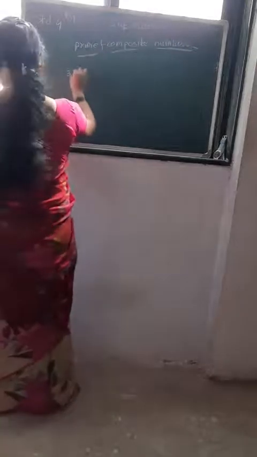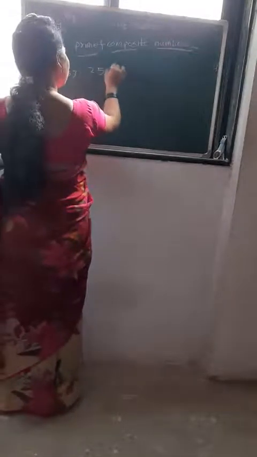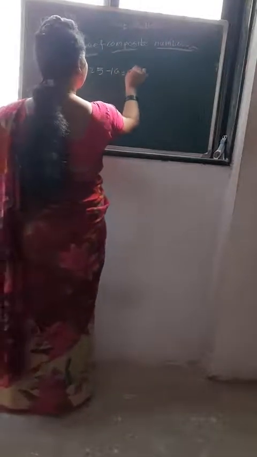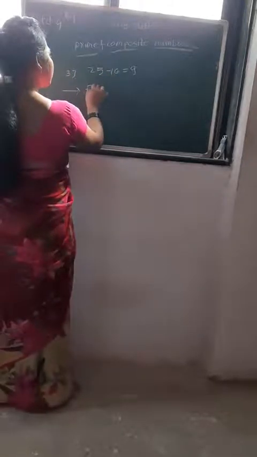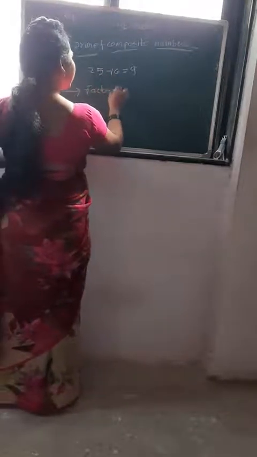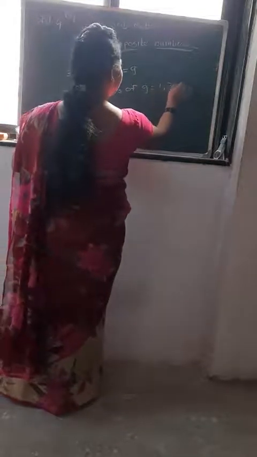We have given this example to solve. Third example. 25 minus 16, we get 9. Then factors of 9 are 1, 3 and 9.